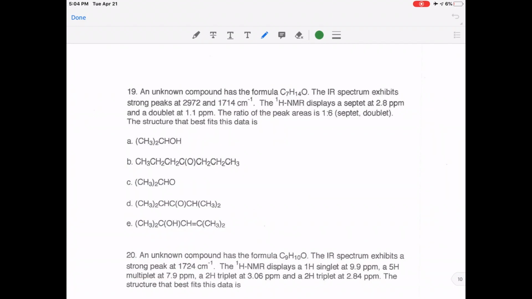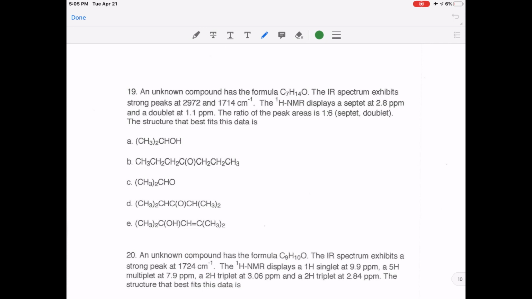Questions 19 and 20 are NMR and IR type questions. So we are given a compound with an empirical formula of C7H14O. We are given a set of IR and NMR data, and we're asked to determine which compound best matches that data.